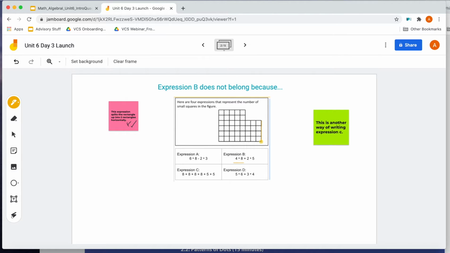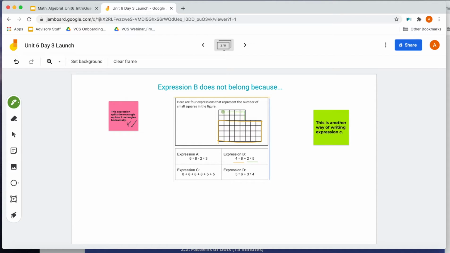So we have from here to here as that first part of the expression. Splitting it up horizontally, we draw a horizontal line through the rectangle, through the figure to make it into 2 rectangles. And then we have the 2 times 5 here.